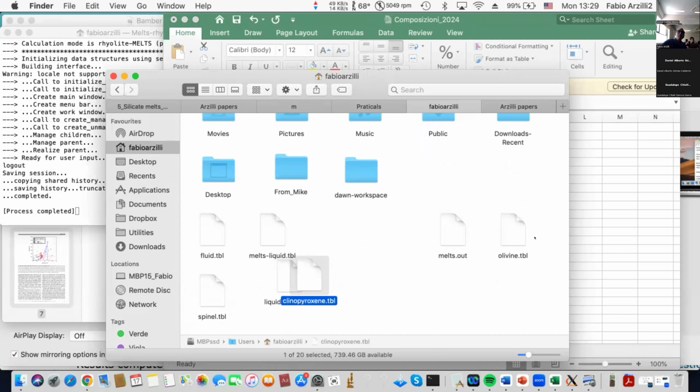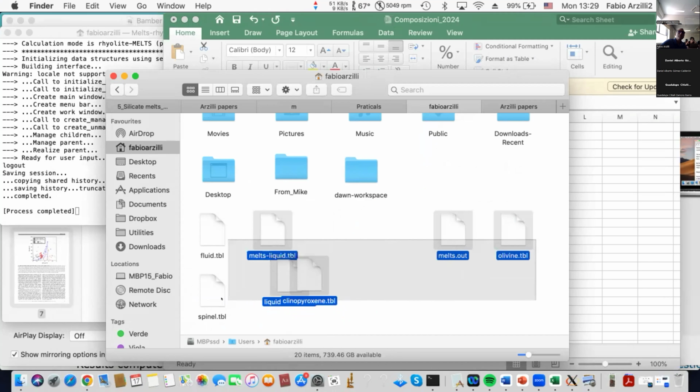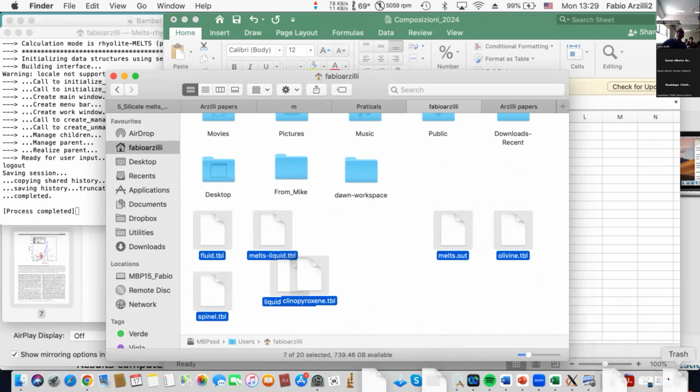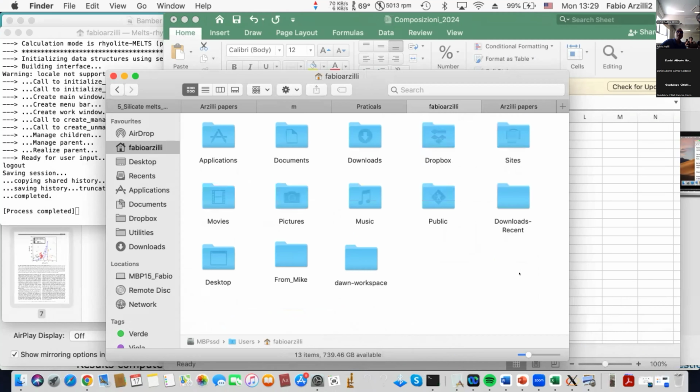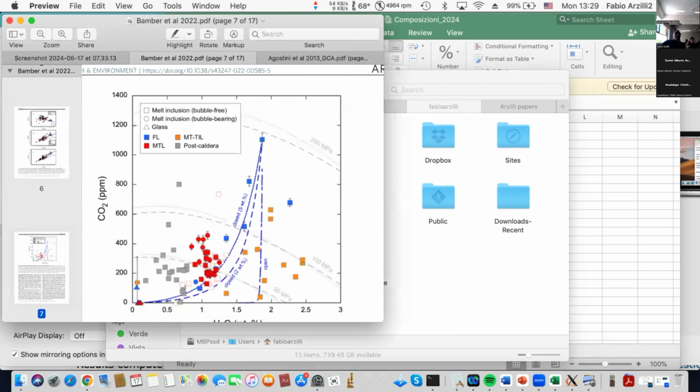So in both experiments, water is at 200. In this one, now we change to 100, keeping the CO2 always at 30. We fix the CO2 and change the water. First we fixed the water and changed the CO2, now we are fixing CO2.